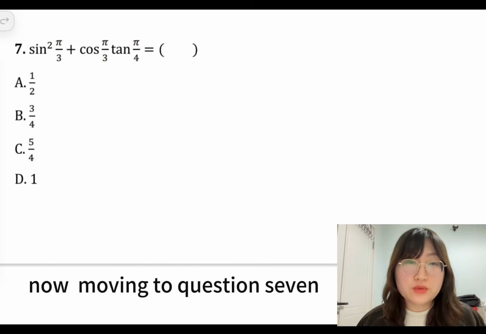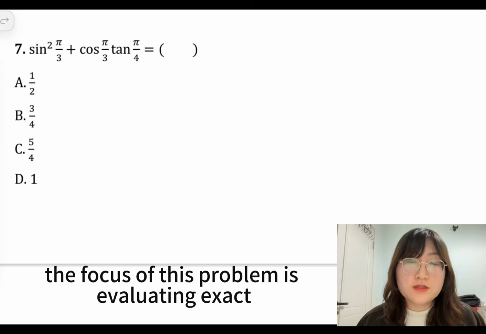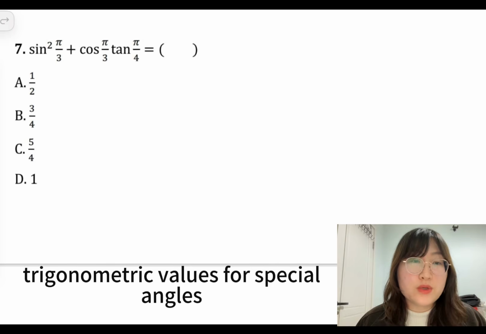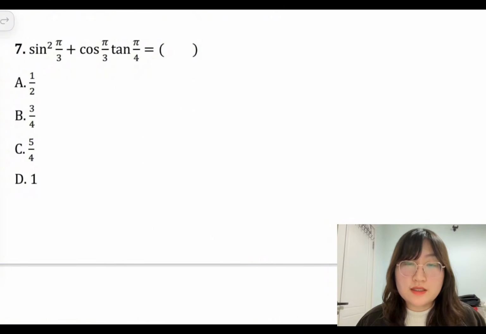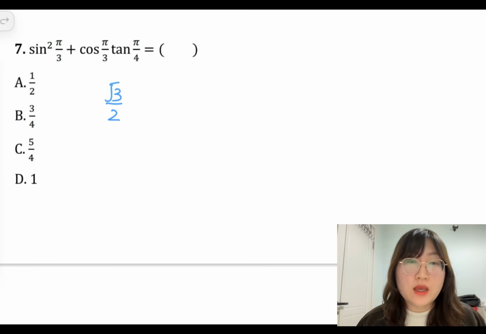Now moving to question 7. The focus of this problem is evaluating exact trigonometric values for special angles. First, sine of pi over 3 equals the square root of 3 over 2.